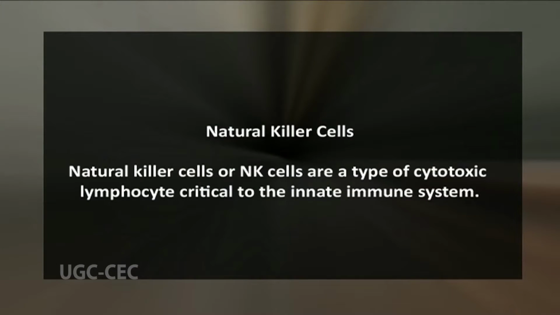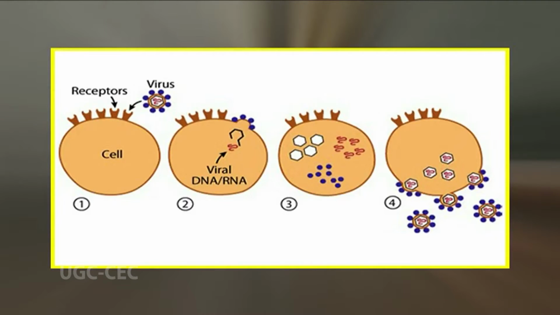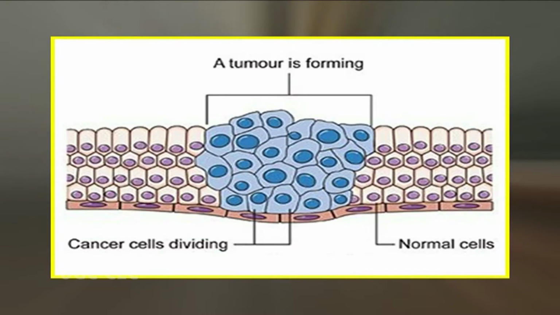Now let's discuss another part of today's lecture, that is natural killer cells. Natural killer cells are a type of cytotoxic lymphocyte critical to the innate immune system. The role natural killer cells play is analogous to that of cytotoxic T cells in the vertebrate adaptive immune response. Natural killer cells provide a rapid response to virus-infected cells, acting at around 3 days after infection, and respond to tumor formation.